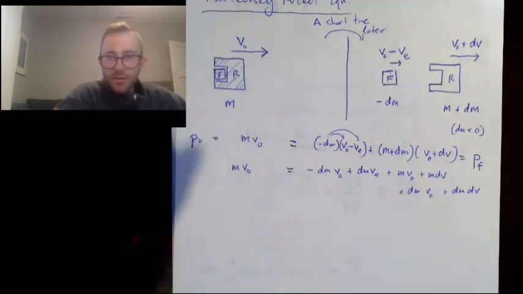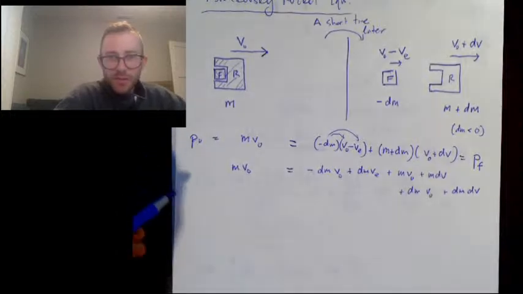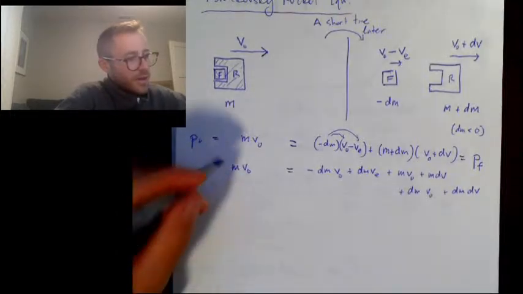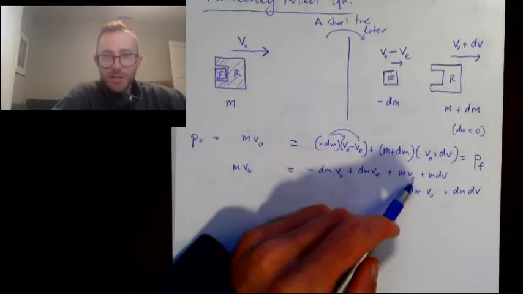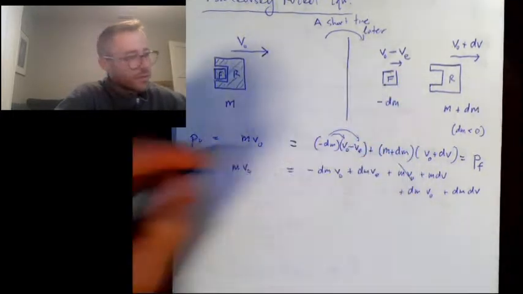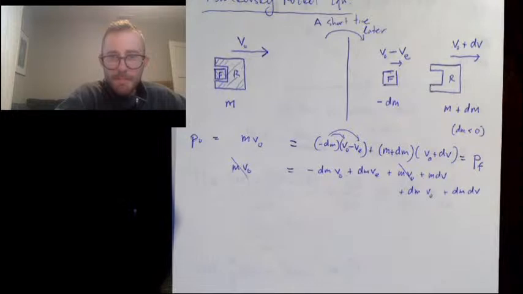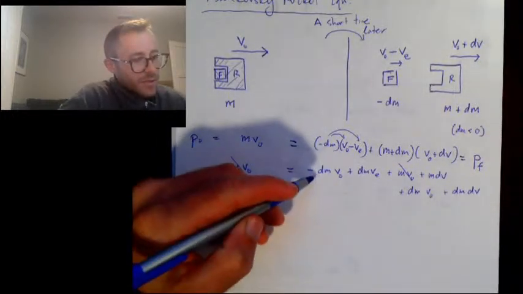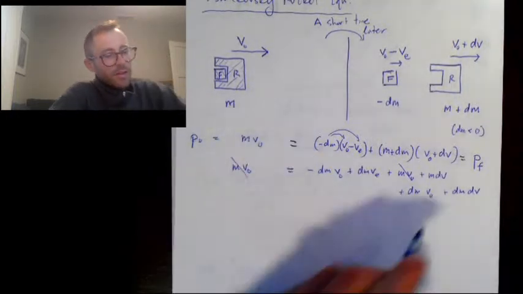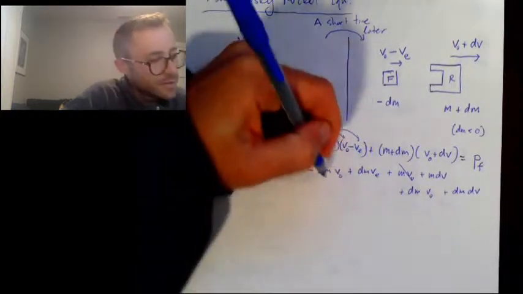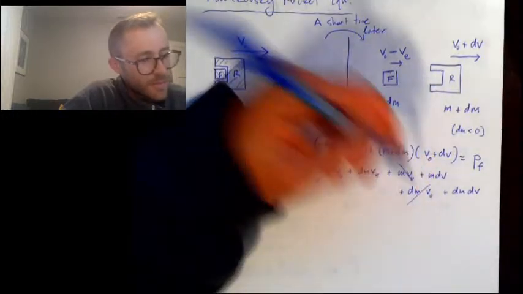Now what we notice here is that a lot of these terms are canceling out. I have m v naught here and m v naught on the opposite side, so those two cancel each other out. Here I have minus dm times v naught, and here I have plus dm times v naught, so these two cancel each other out.